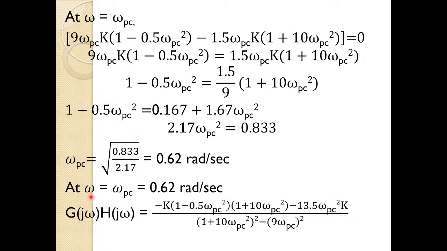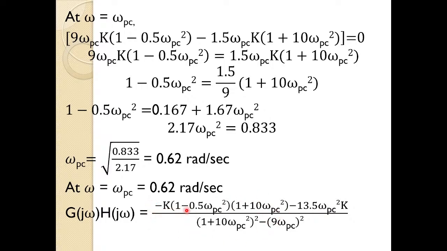After getting omega equal to omega pc, whatever value that you have got, that is 0.62 radians per second, substitute that in the g of j omega, h of j omega equation. In the above equation, at omega equal to omega pc, the imaginary term must be 0. So you write only the real part.